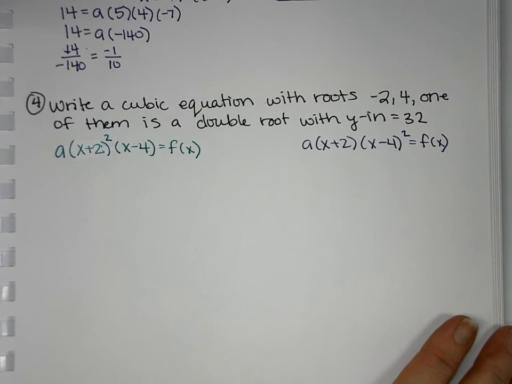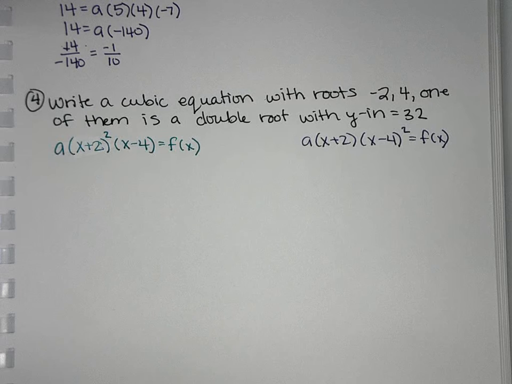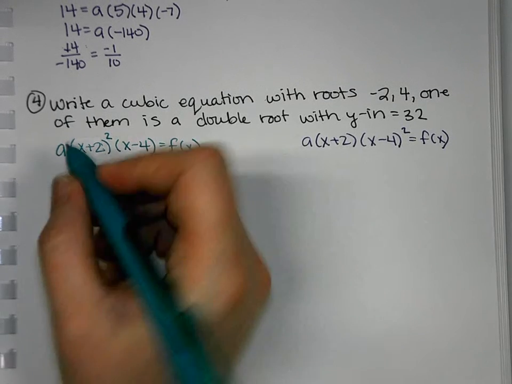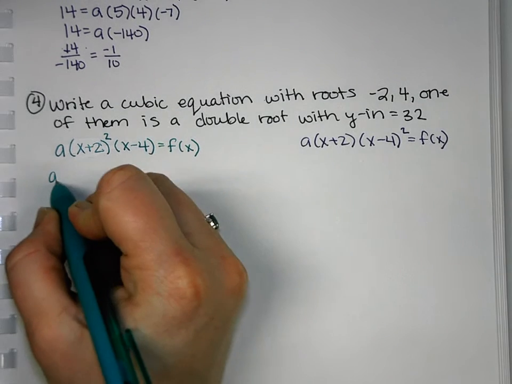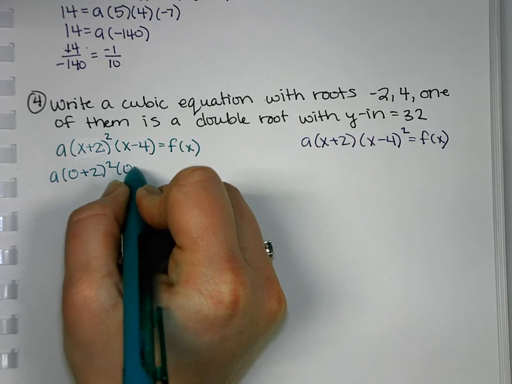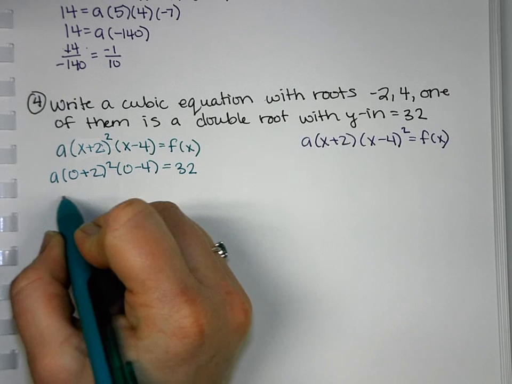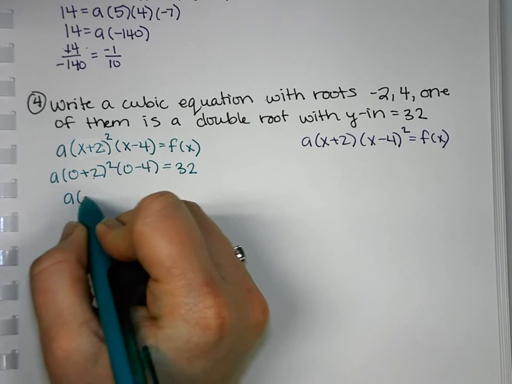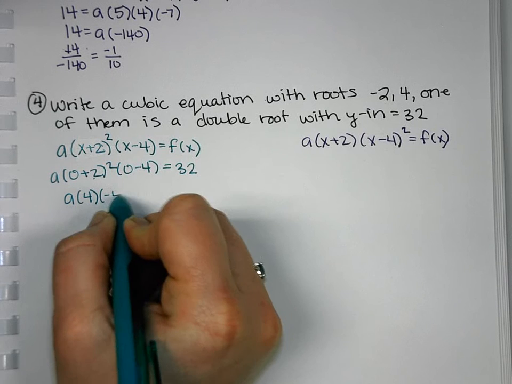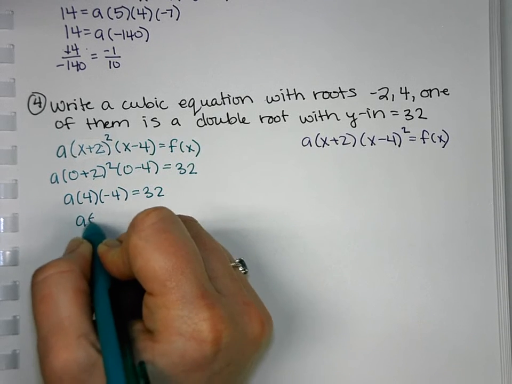We're going to go through both of these using the same y-intercept, because we know that they both have the same y-intercept. So we'll set x equal to 0, and we know that it has to equal 32. So we'll have 2 squared is 4, and 4 times -4 is -16.